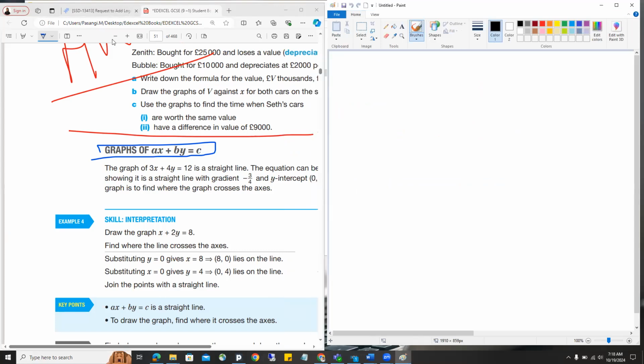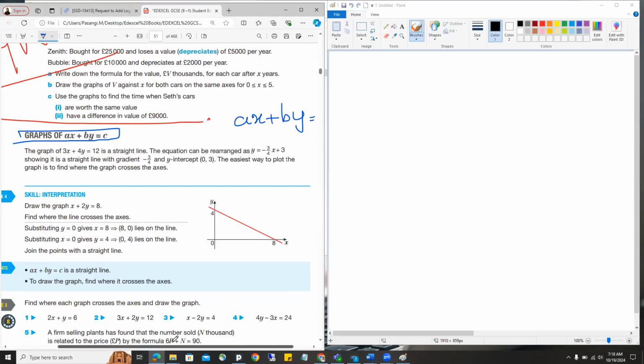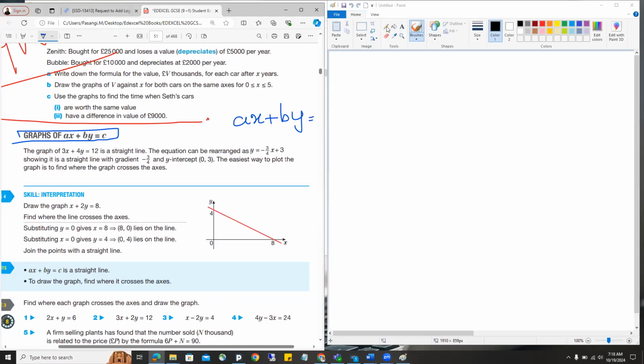Okay. Now what they have given us is an equation. The equation format is ax plus by is equals to c.